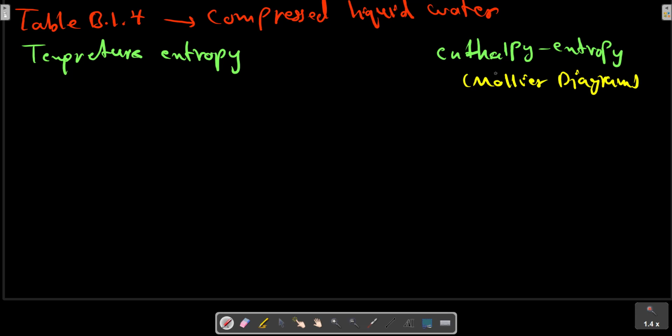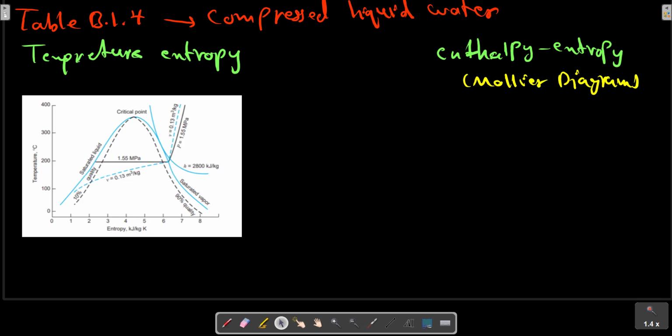This figure provides the temperature-entropy diagram for steam.